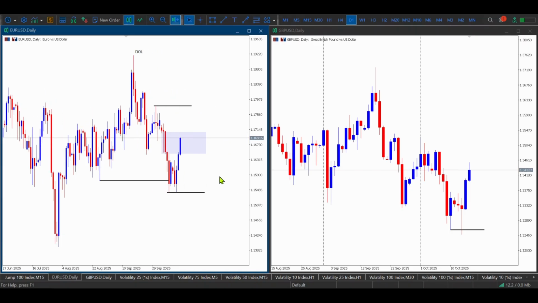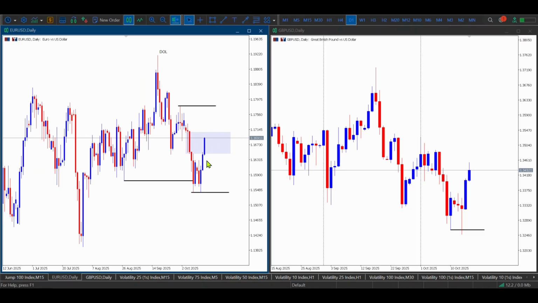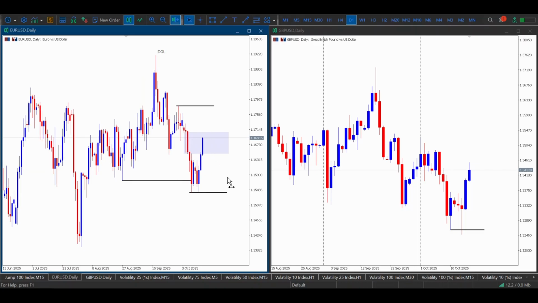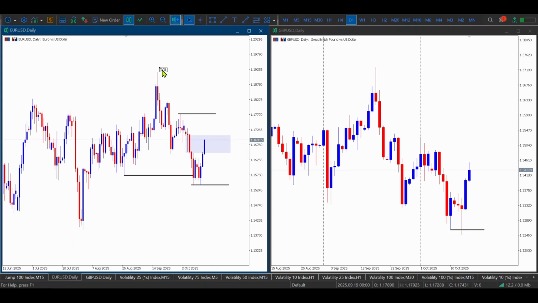So now, for the fact that for this week I've outlined my bias, okay, we can then go to smaller time frames and focus on Wednesday and this day and see how you can take your buys.